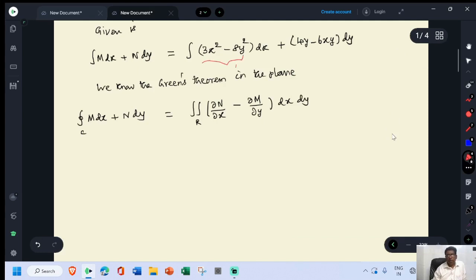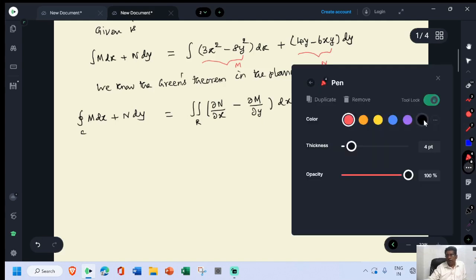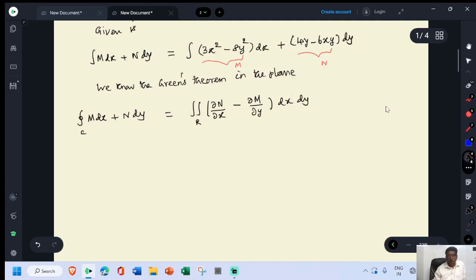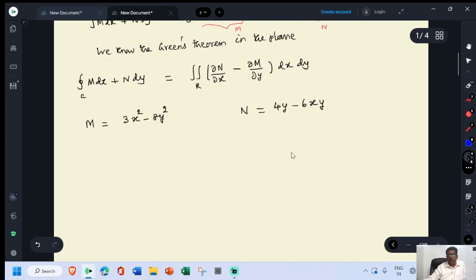We can write M = 3x² − 8y² and N = 4y − 6xy. Now find the value of ∂M/∂y. ∂M/∂y is equal to −16y.